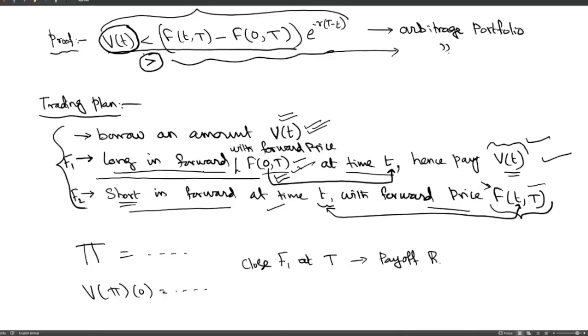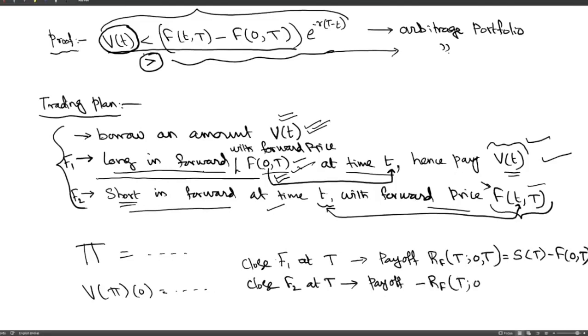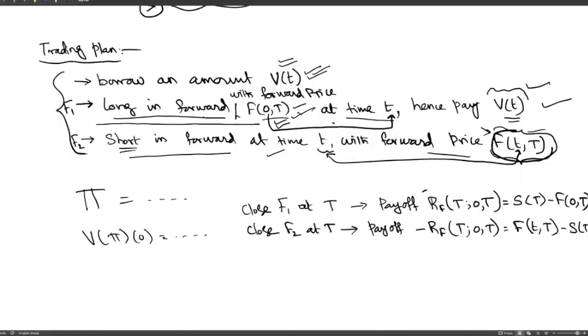The payoff is the value of the forward at capital T, and since it's a long position, that is S of T minus F of 0, T. Similarly, when you close F2 at T, you get a payoff from there, which is minus the same, that is F of t comma capital T minus S of T. You add these two, and that is the total payoff you get from your forward trade.